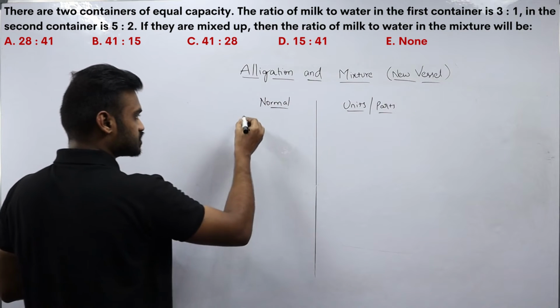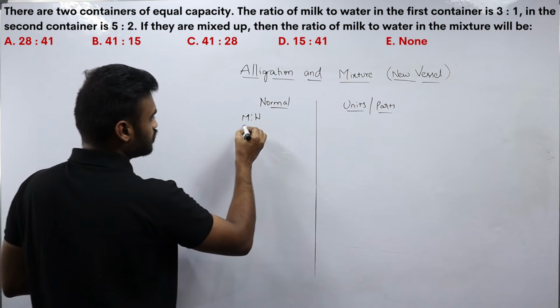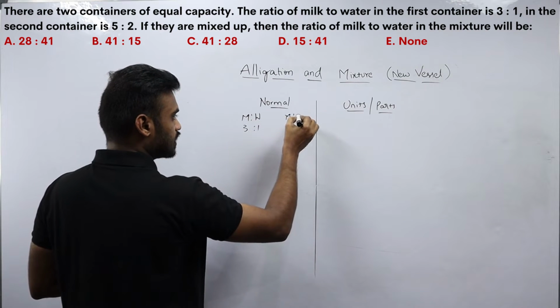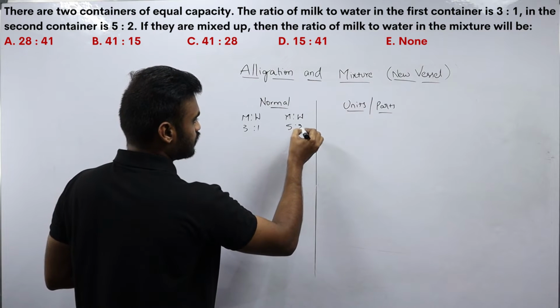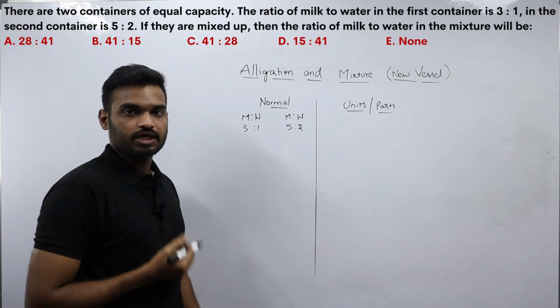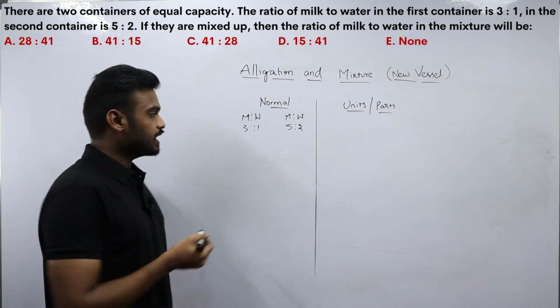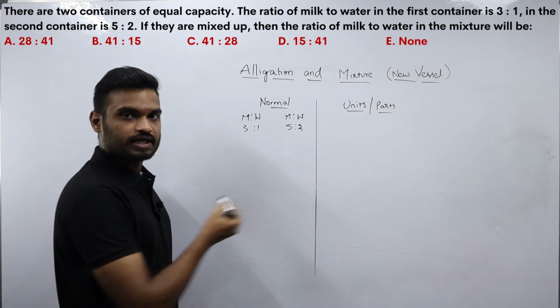See here, in the first container the milk to water ratio is 3:1, and in the second container the milk to water ratio is 5:2. Now we need to find the total ratio of milk to water in the resultant quantity. In the normal method we write all the milk quantities on the left hand side and all the water quantities on the right hand side.